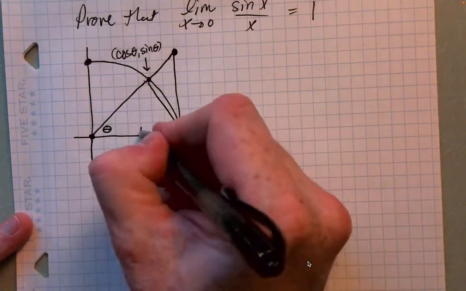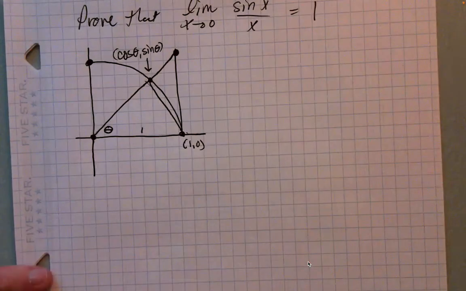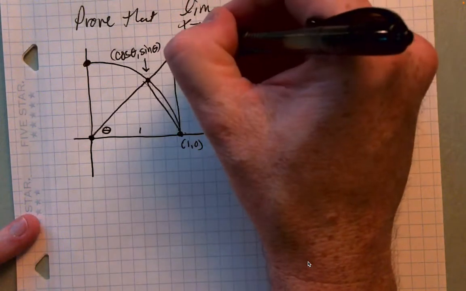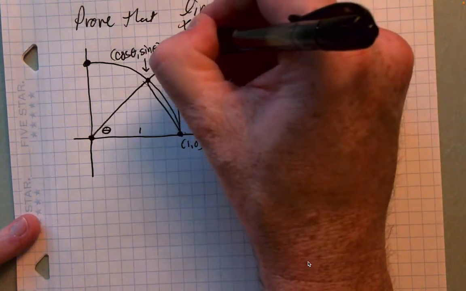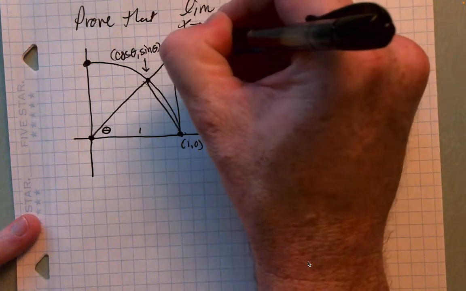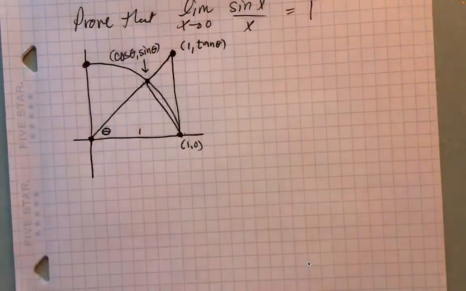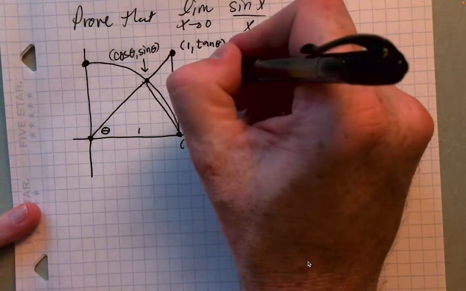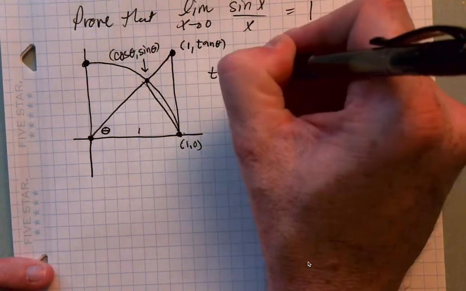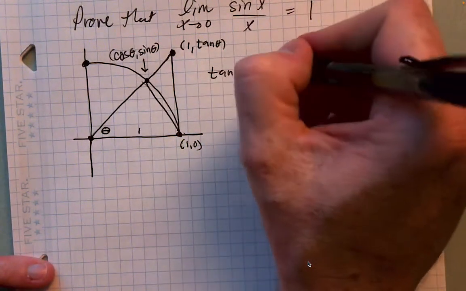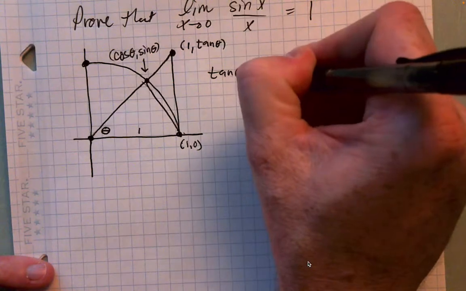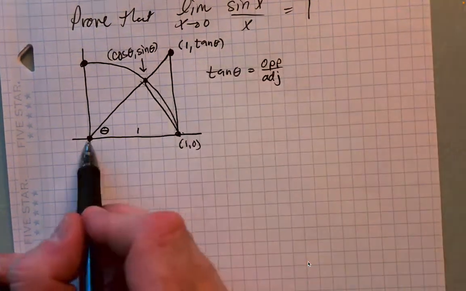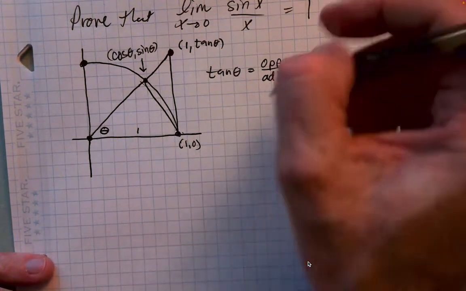Okay, so this is 1, right? We know that. So the address of this point here would be 1 comma tan theta. Now, why is it tan theta? Well, keep in mind that the tangent of theta is equal to the opposite over the adjacent side, relative to theta. And in this case, the adjacent side is 1.